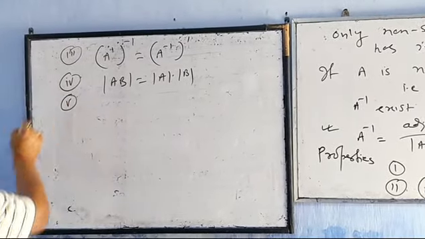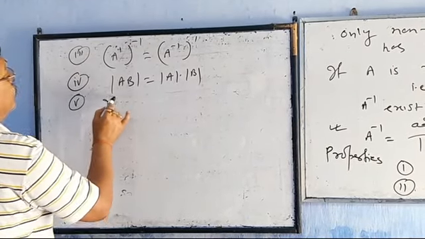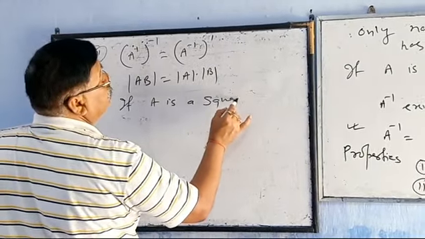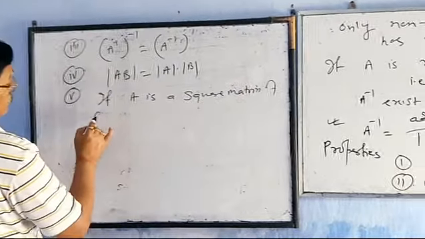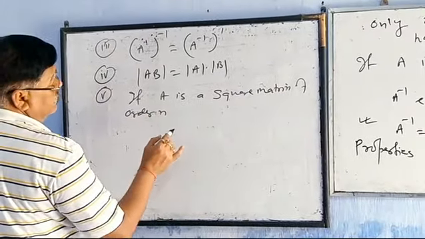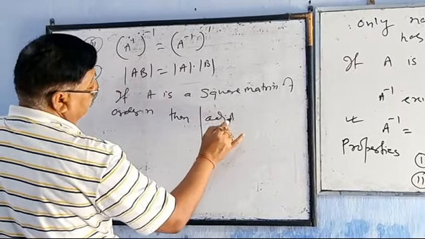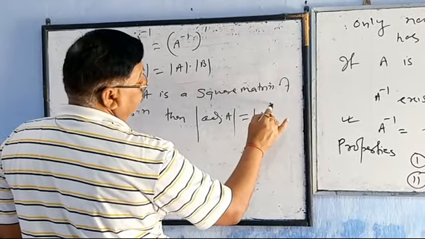Fifth, student, if A is a square matrix of order n, then determinant of adjoint A is equal to determinant A to the power n minus 1.